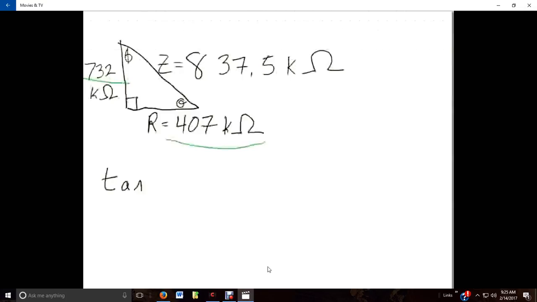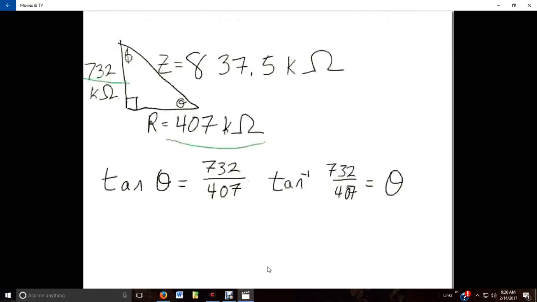And what we know is the tangent of theta is going to be equal to 732 over 407. Now, what does that mean? We just learned that if we take the 732 divided by 407 and use this inverse tangent function, that will tell us what our angle is.